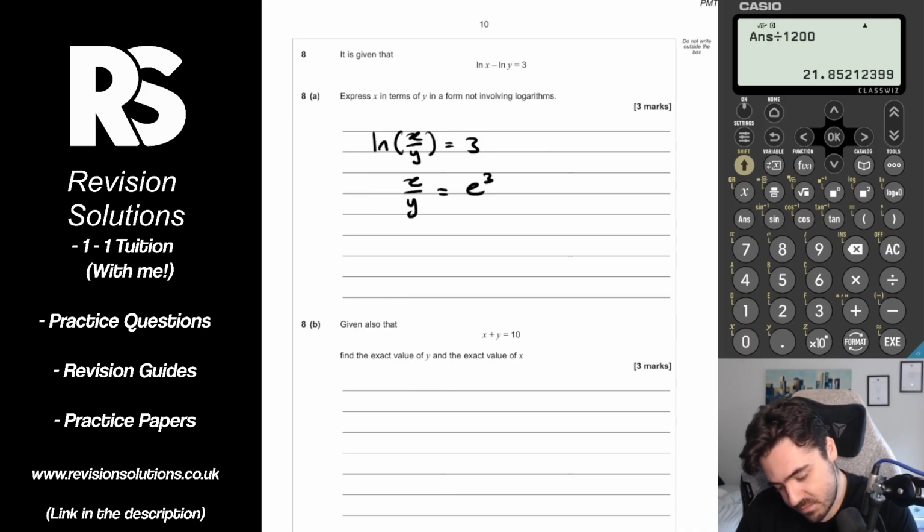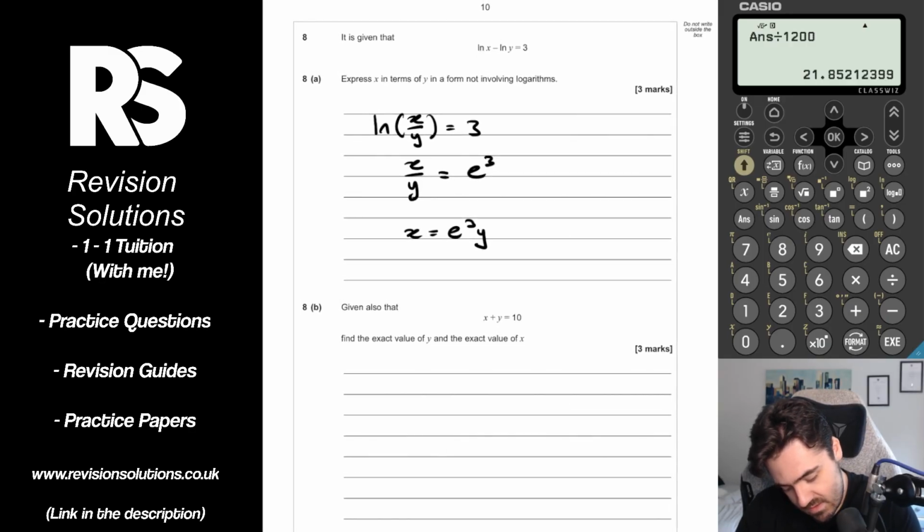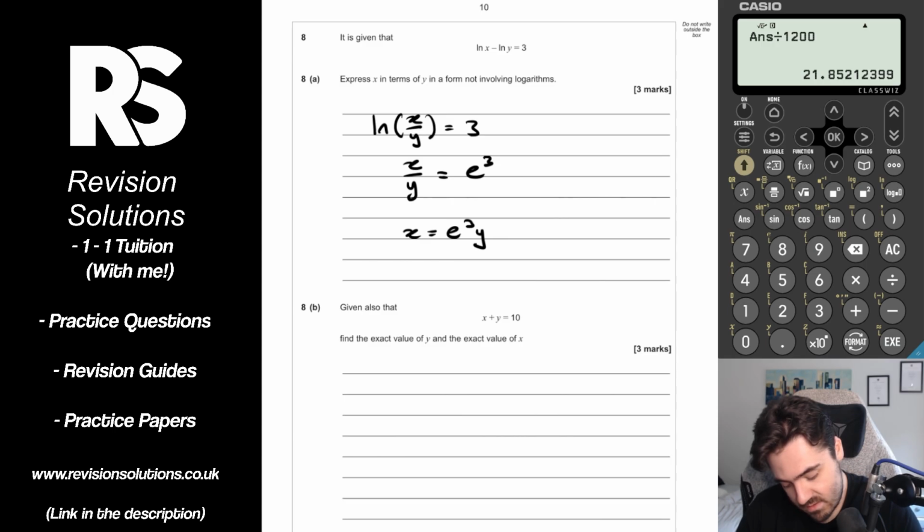And then if we want to express x in terms of y, we just move up the y, so x equals e cubed times y, and that's part A done. Then for part B, it says, given also that x plus y equals 10, find the value of y and x. Well, now we have two equations involving x and y, so we can solve them simultaneously. As we've already got this one rearranged, I'm just going to substitute into the second one.